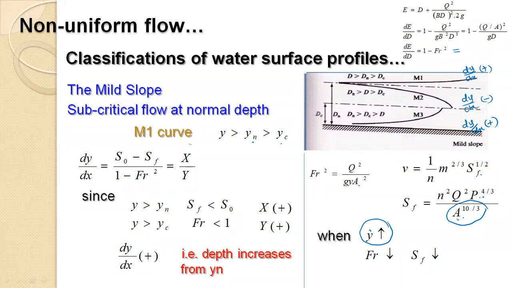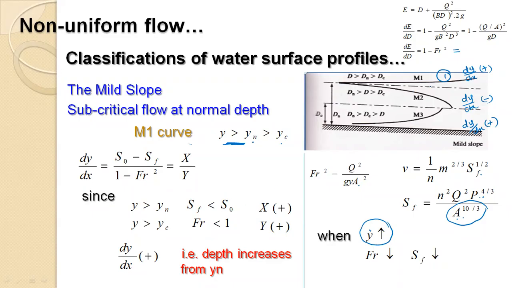So that means when y goes up, friction slope will go down. So if y goes up, Froude number will go down and the friction slope will also go down. So if that is the case, when y is greater than yn, in this region 1, that means the friction slope should be less than bottom slope.